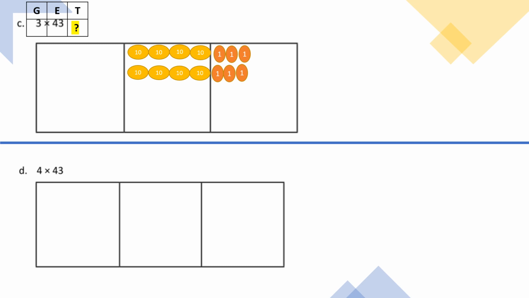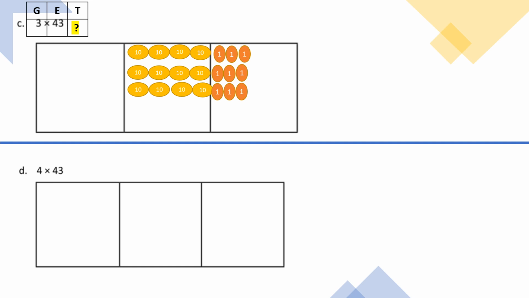That's 2 rows of 43. Now for our third row. 10, 20, 30, 40, 41, 42, 43. So now we have 3 rows of 43.